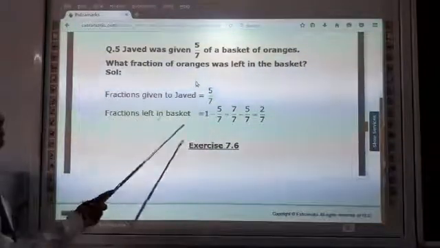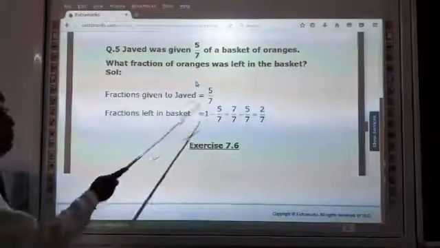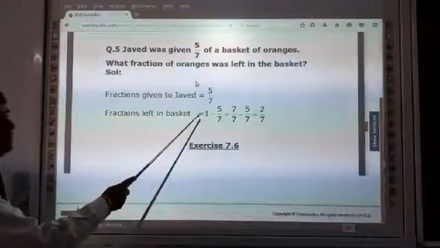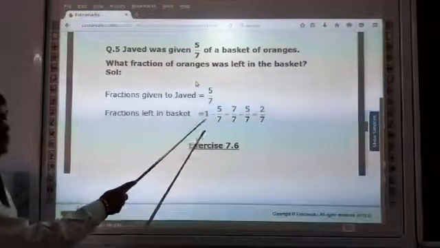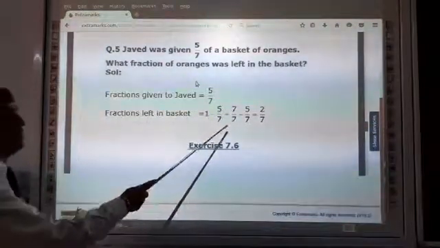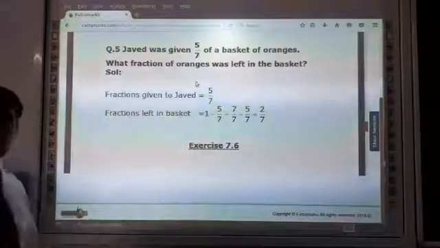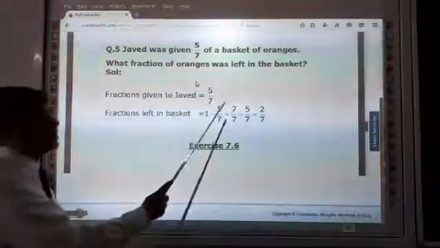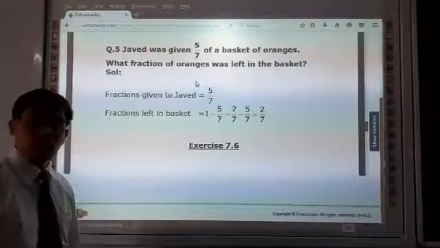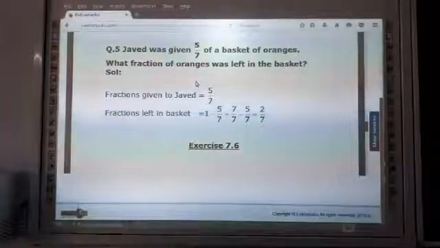Fraction left in basket is equal to 1 minus 5 upon 7. LCM is 7. Convert into this term, 7 upon 7 is equal to 1. 7 upon 7 minus 5 upon 7. 7 minus 5 is equal to 2. 2 by 7. This is the answer. Okay.